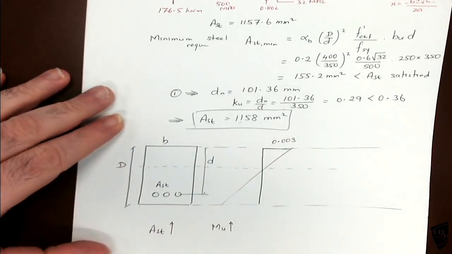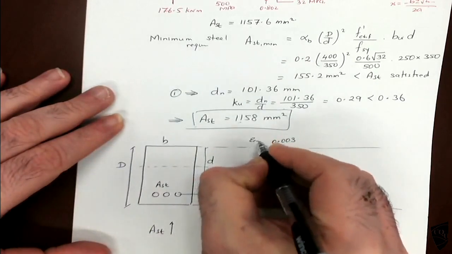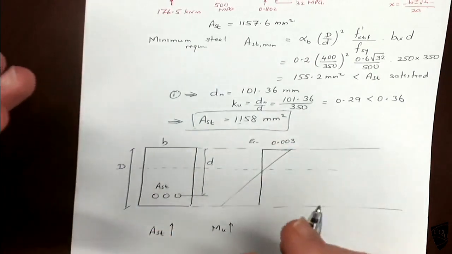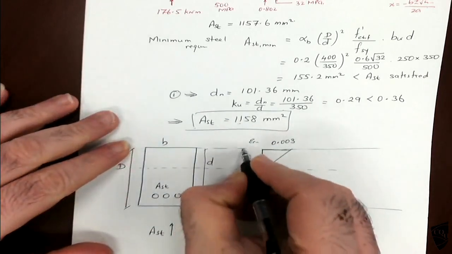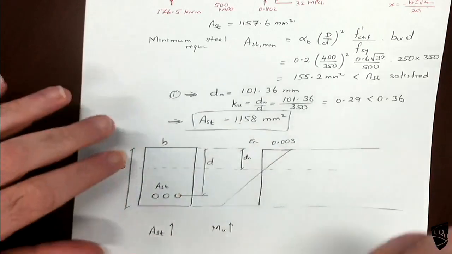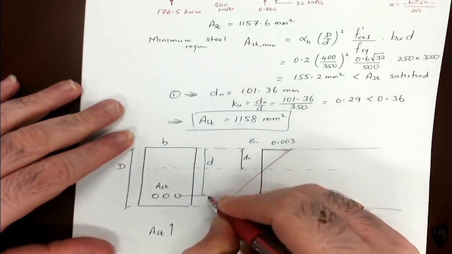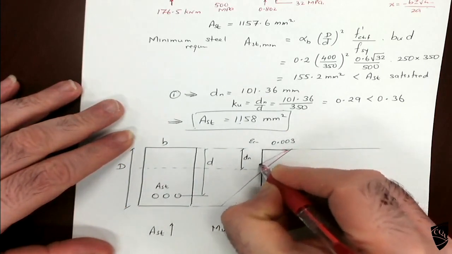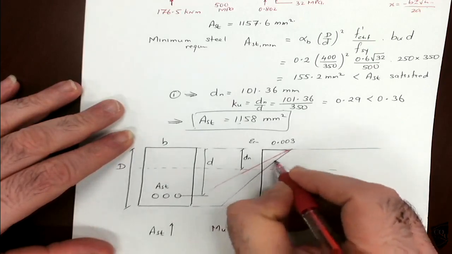0.003, we cannot change it. Yeah, we cannot change. So this is the maximum. So if we increase the moment, the dn technically will increase. So that means for smaller moment, it will be like this, and it will come like this.